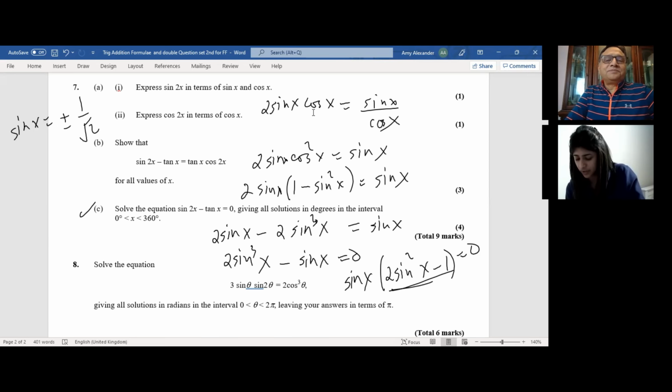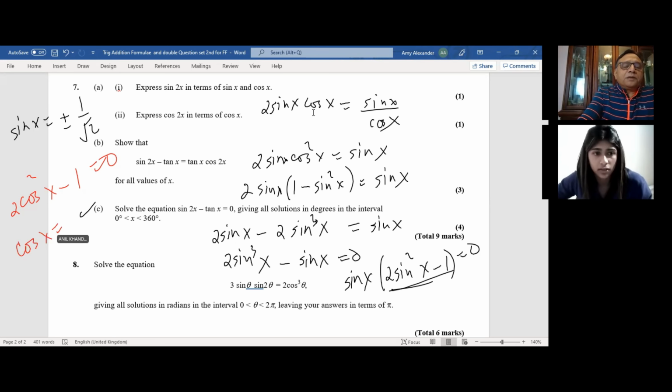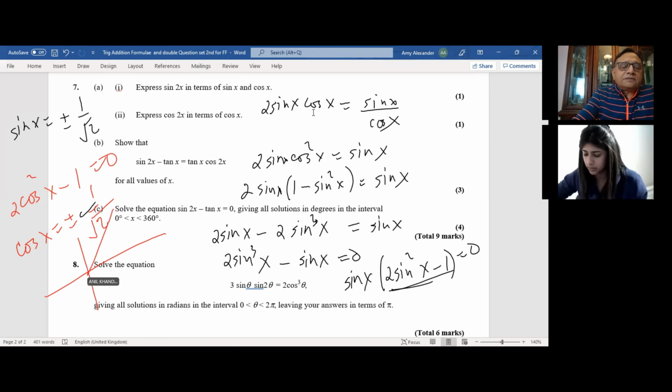So if you did 2 cos square x minus 2. Yeah. So it was 2 cos square x minus 1 equals to 0. When I brought it to the other side, I get cos x equals to plus minus 1 over square root 2, right? So I'll get the same answers. So your answers will be, we have to write in degrees? Yeah, 45 degrees, right?